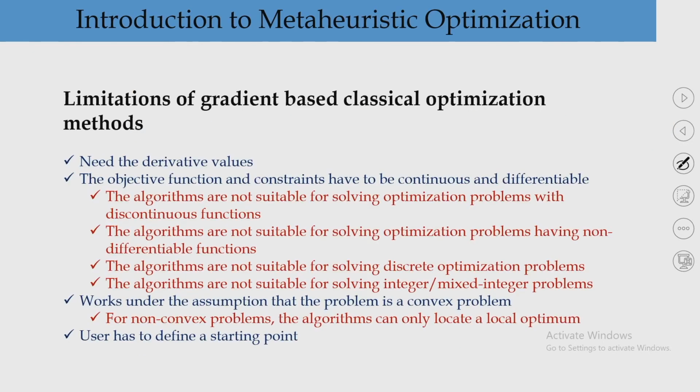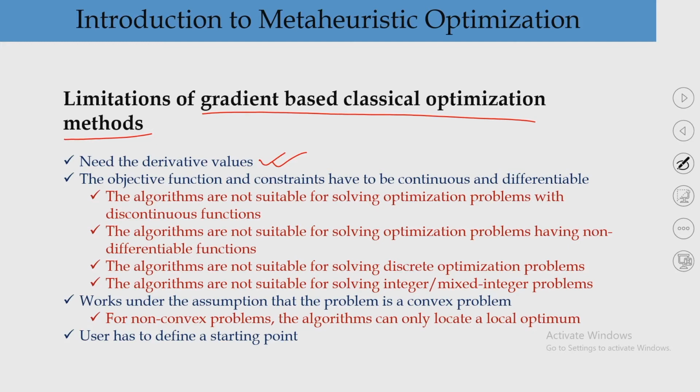Now, let us look at the limitations of gradient based classical optimization methods. Okay. So, I already discussed that one, but I have listed down the limitations here. So, what do you need? You need the derivative values, you need the derivative information, is not it.